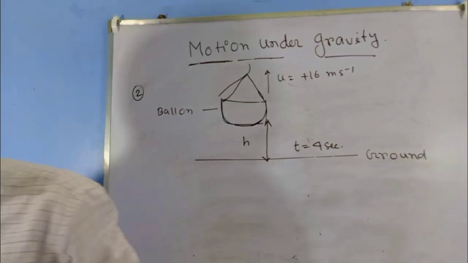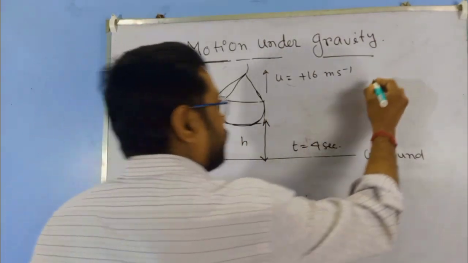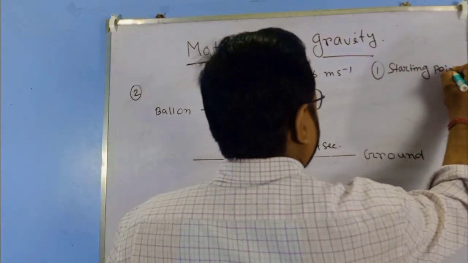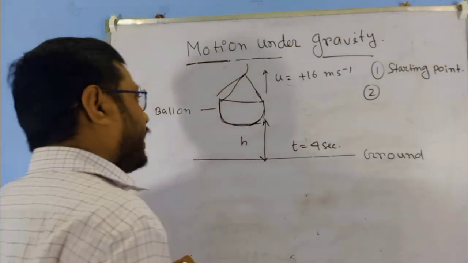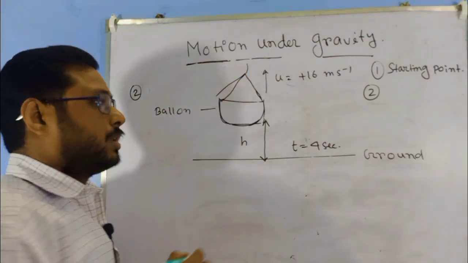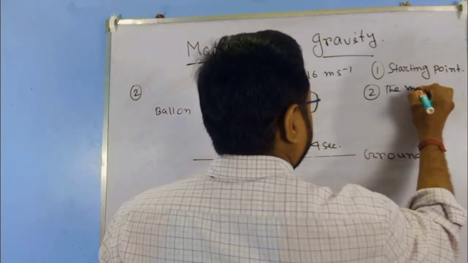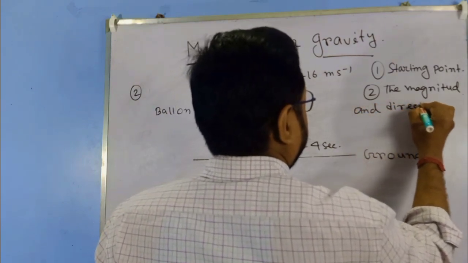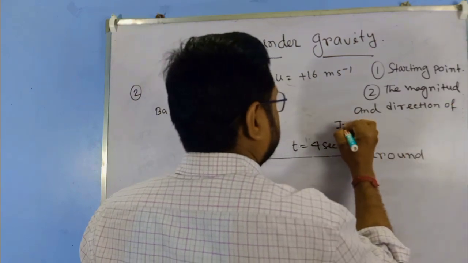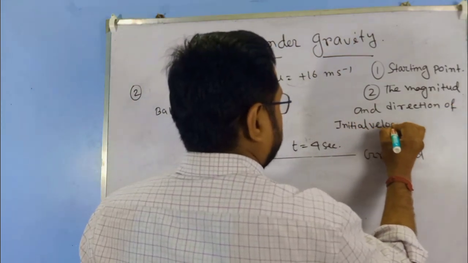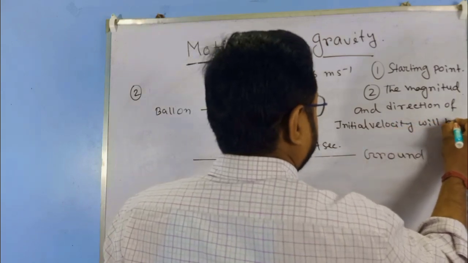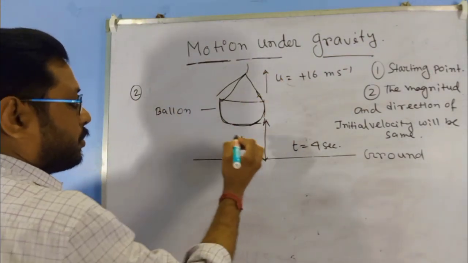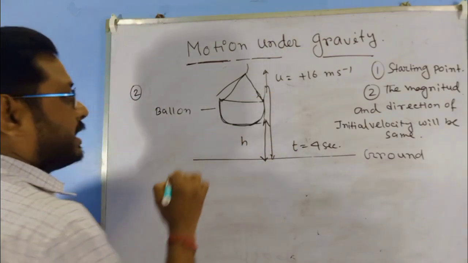Here we can consider two cases. One is what will occur at the starting point, when the balloon drops the stone: the magnitude and direction of the initial velocity, that is u, will be the same, because as the balloon is going upwards, if we drop a stone, it first goes upwards, then comes down vertically downwards.